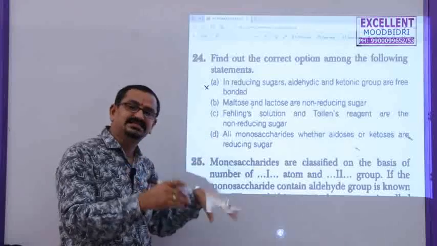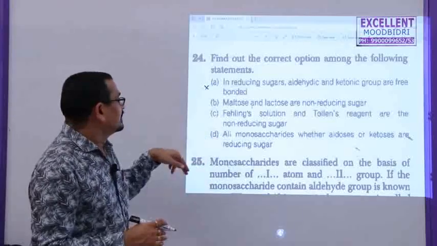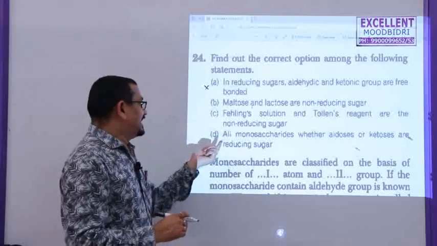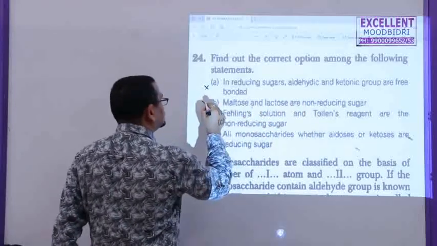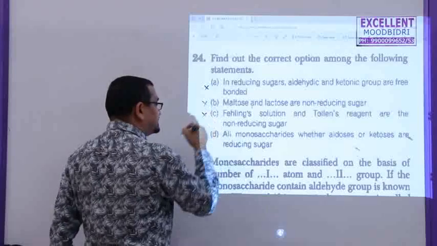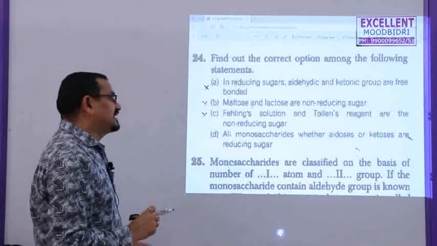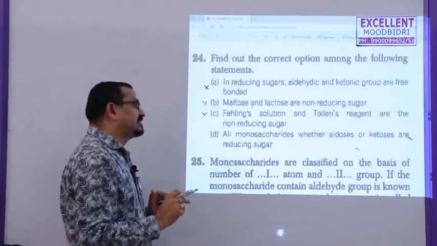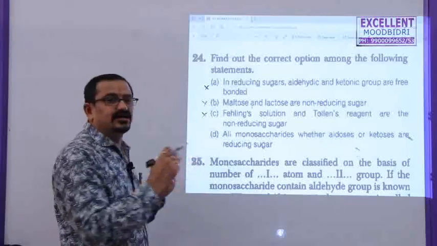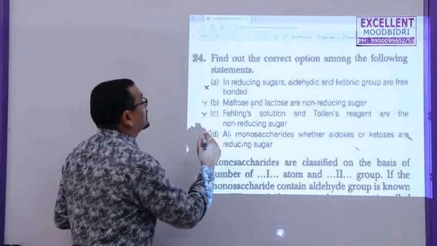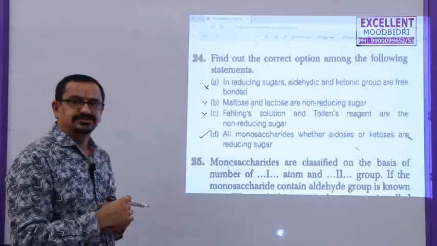No, this line itself is wrong. First of all, they are not sugars. The line that maltose and lactose are non-reducing sugars is also wrong. All monosaccharides, whether aldoses or ketoses, are reducing sugars because of having a free aldehydic or ketonic group. So this is the correct option for the given question.